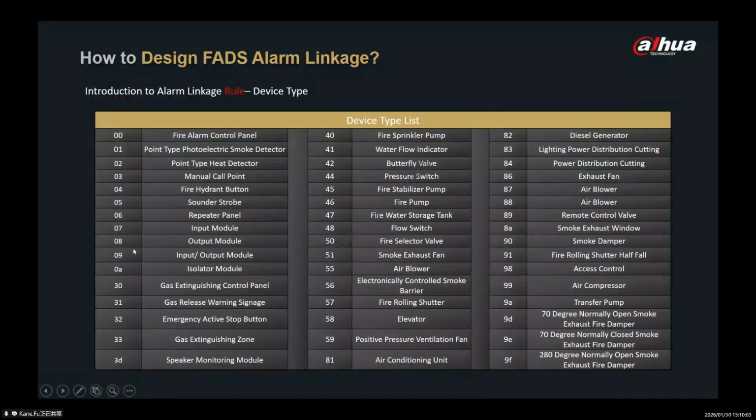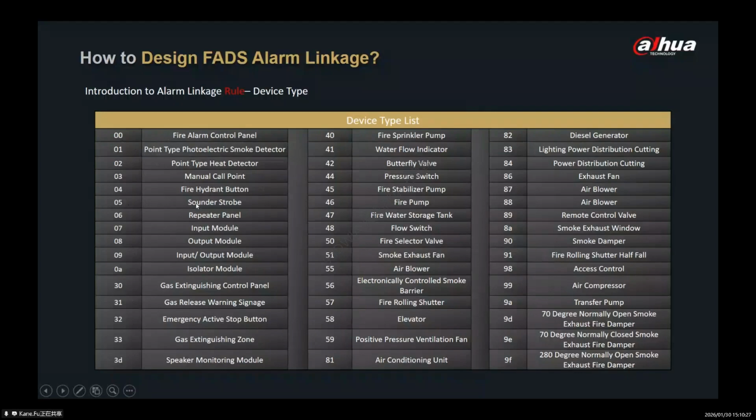So for example, if I get a fire device like a smoke detector, I don't need to change it again. It comes with 01 as default. And if I buy a sounder, the user code device type is 05 as default.